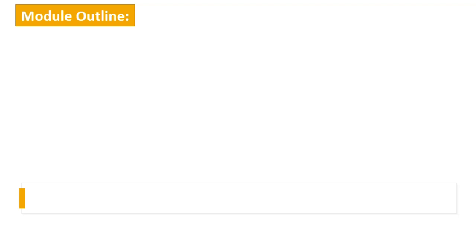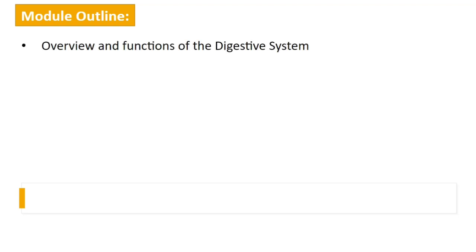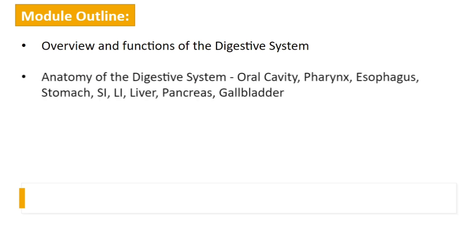And then just a few outlines of what we will be discussing today. Number 1 is the overview and functions of the digestive system itself, so the overall function. Second is the anatomy of the digestive system, so basically the specific structures that are a part of it: the oral cavity, the pharynx, the esophagus, the stomach, the small and large intestines, the liver, the pancreas, and the gallbladder.